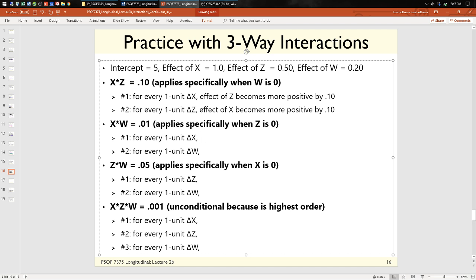The effect of W becomes more positive by 0.01. There you go. Becomes more positive by 0.01. And I'm just going to copy paste here. What do I need to change? X. Yep, now it's x.